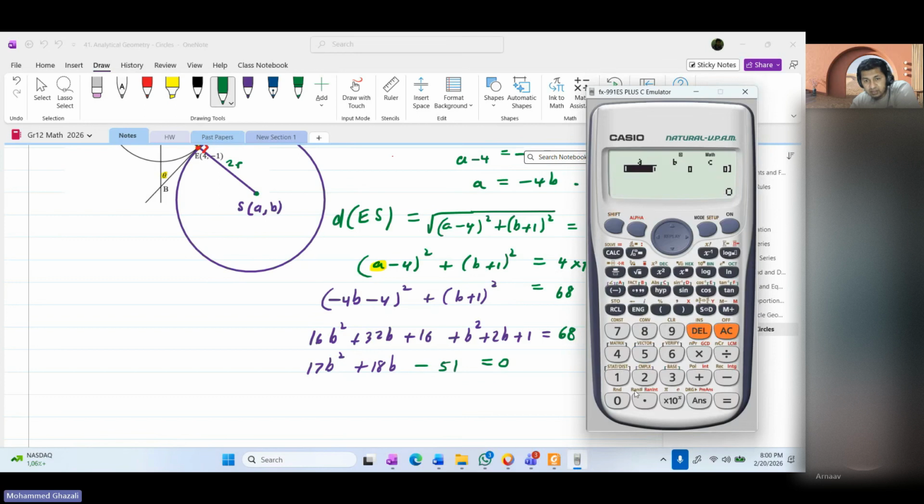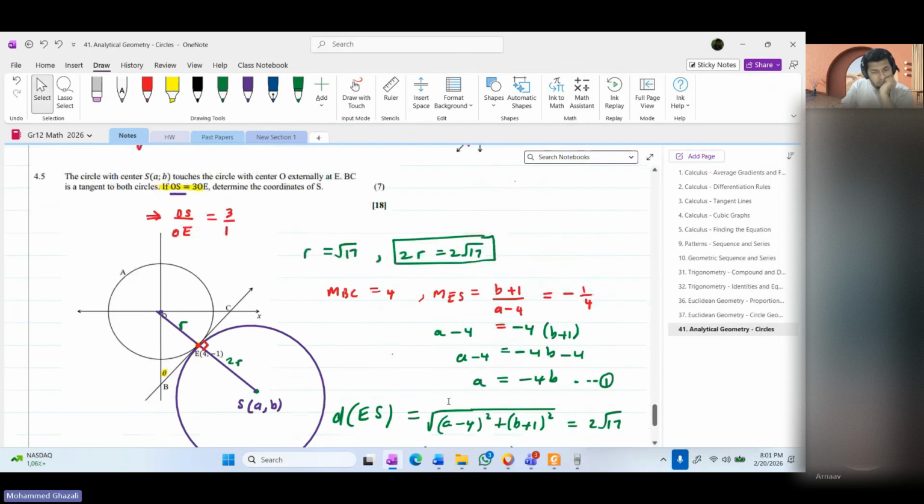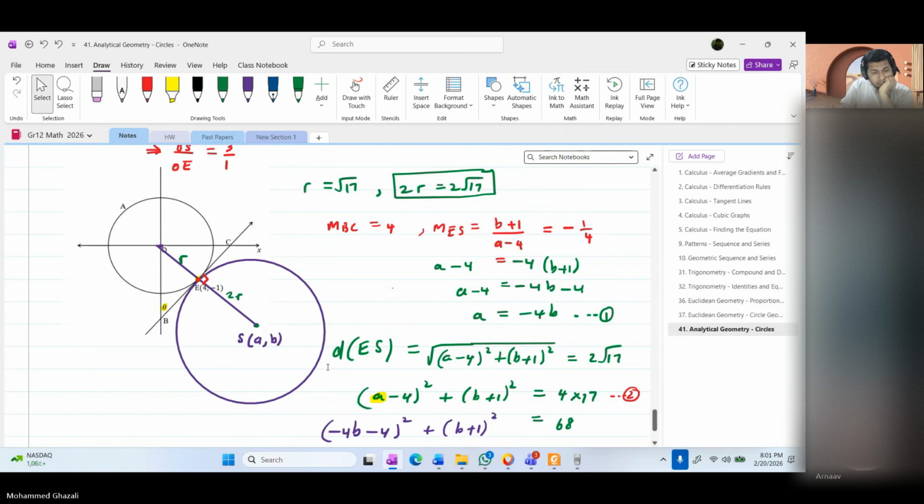Mode 5, 3, 17, 18, and negative 51. Still. Or not? 2 root 17, a minus 4 all squared plus b plus 1 all squared is equal to 2 root 17.